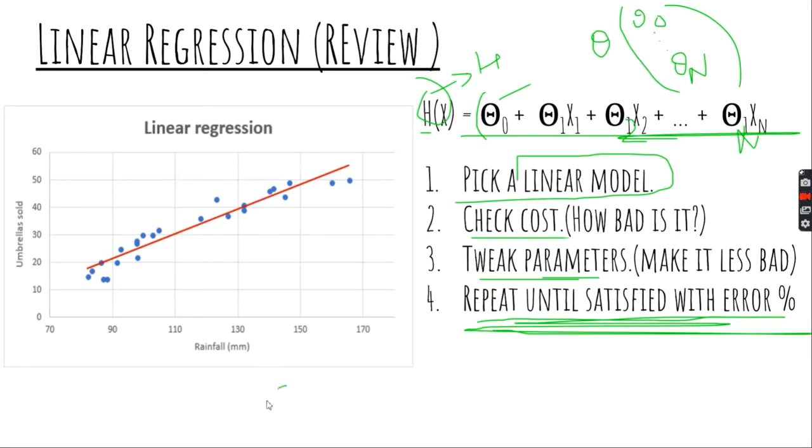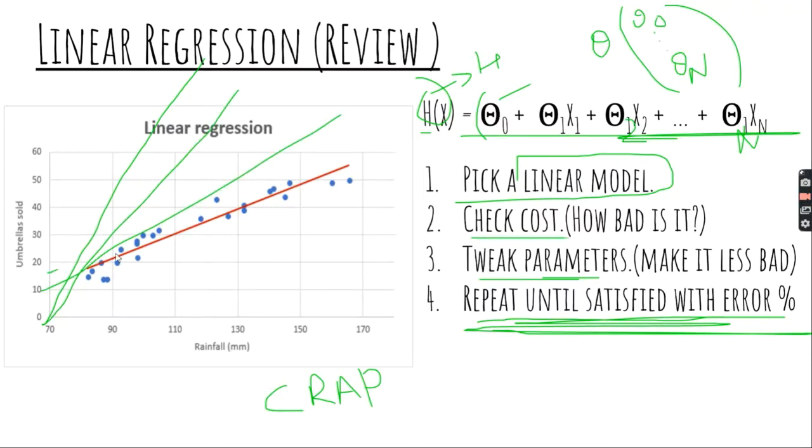What we do is we start with something that's very crappy. We start with a crappy model which will not give you good answers. In this case, we could have started here, this would be our first line. And then it gets better. Then we go here, and then we have something like this, and then this. For each and every one of these linear models, there is a cost associated.